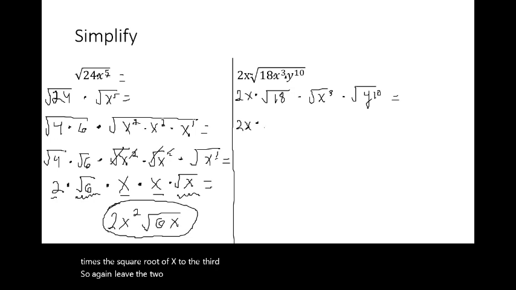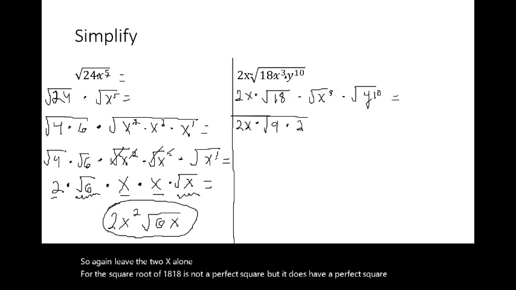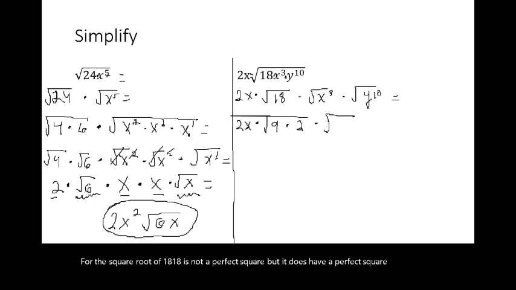For the square root of 18, 18 is not a perfect square, but it does have a perfect square factor. 9 goes into 18. So I'm going to rewrite 18 as 9 times 2. Then for the square root of x to the third, since 3 is bigger than 2, this can simplify. So I'm going to rewrite x to the third as x squared times x to the power 1.